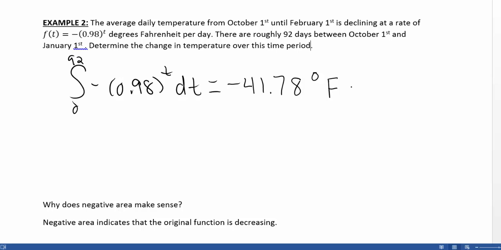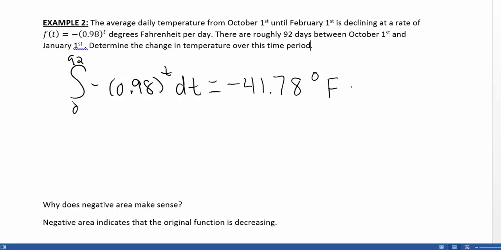So here we have something negative, and what that tells me is that the temperature function is decreasing by 41.78 degrees Fahrenheit. So the average temperature on January 1st is going to be 41.78 degrees lower than it was on October 1st. So the negative here is really important to tell us which direction the temperature is changing.